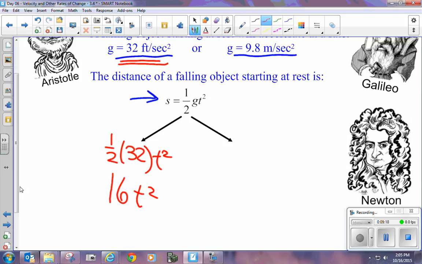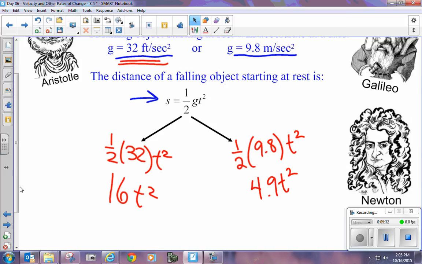What about here, if we're using metric, which would be 4.9. The distance of a falling object. And of course, when we start using these, we can figure out the rate at which they are falling. When we find the rate of change in something, we take the derivative of it.